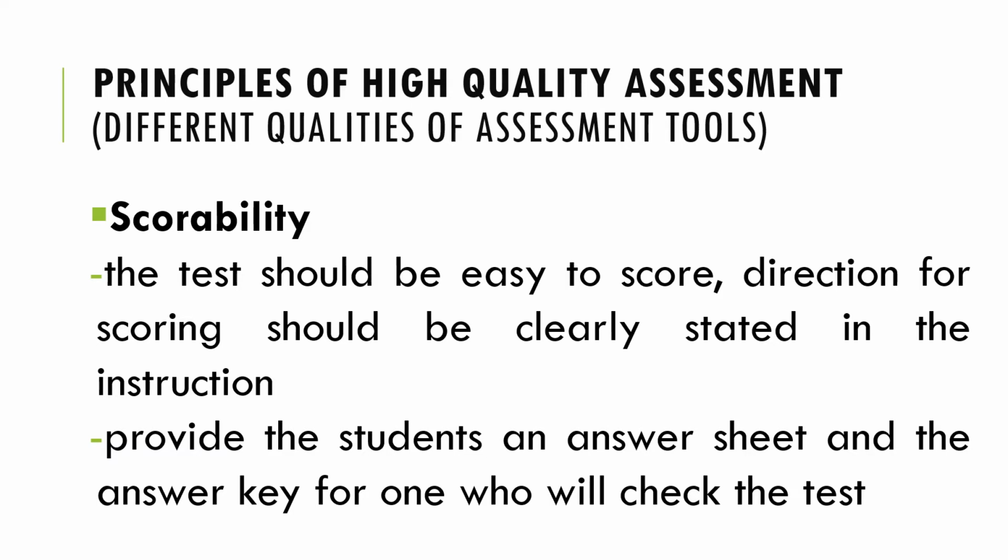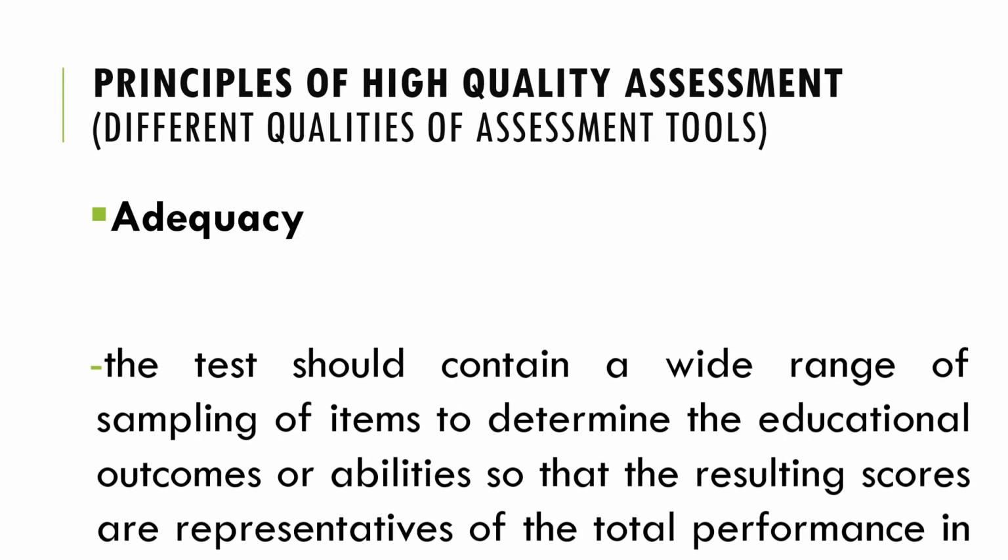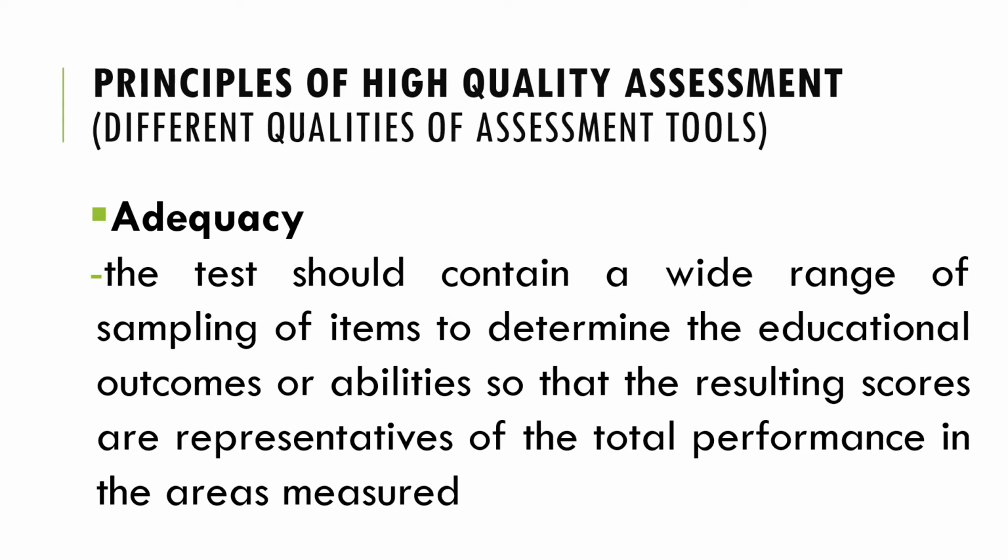Next we have adequacy. The test should contain a wide range of sampling of items to determine the educational outcomes or abilities. This is what I mean: in an exam, you should have a lot of coverage. For example, the coverage is chapters 1 to 5. The questions should be adequate, and the coverage should be chapters 1 to 5.